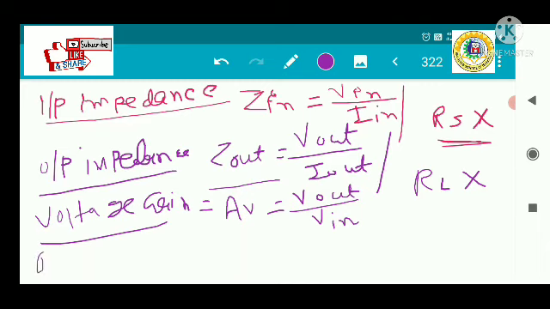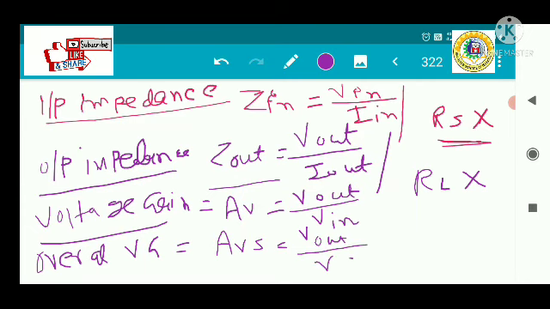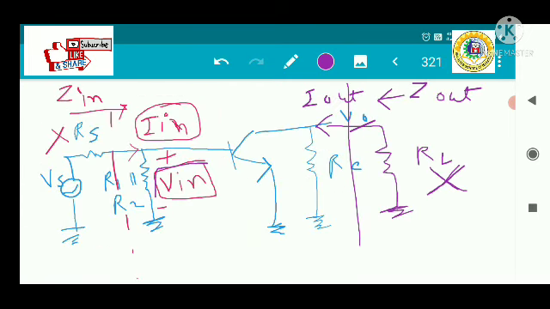Now if you want to calculate the overall voltage gain, that is AVS, it is represented by Vout divided by Vs. The difference is that here this is your Vin, which is somewhat different from the Vs because of some drop here.